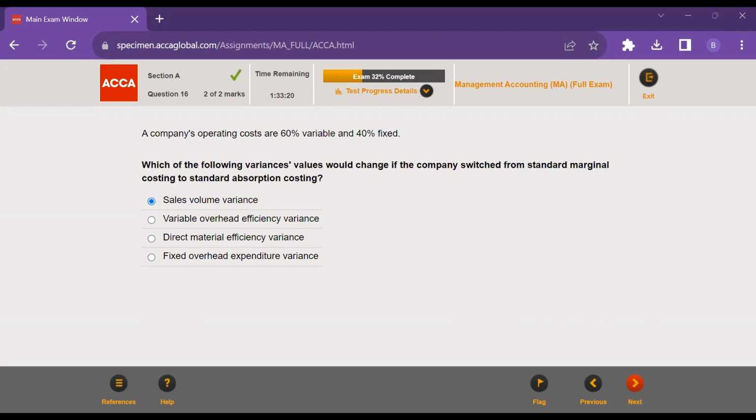So that is why, if the operating costs are 60% variable and 40% fixed, this is what will be changed. The sales volume variance will change if you switch from a marginal costing approach to a standard absorption costing approach.